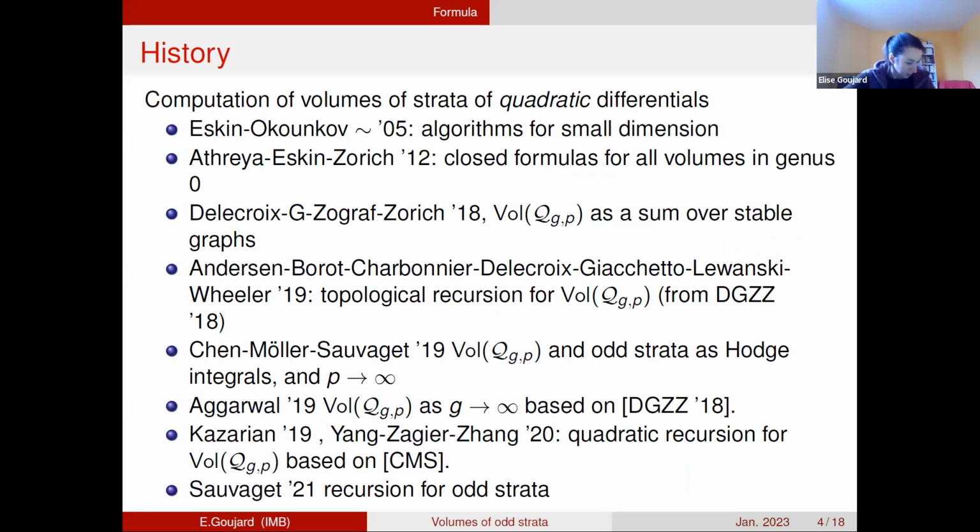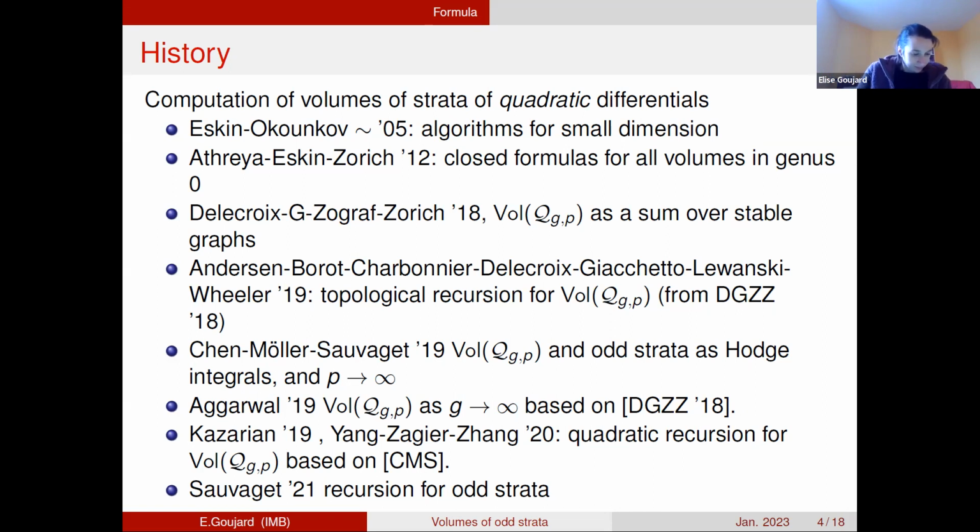So let me do a brief history about the computation of volumes of strata of differentials. The first results were produced by Eskin-Okounkov, and they used Hurwitz theory and representations of the symmetric group to build algorithms to compute volumes of strata of small dimension.